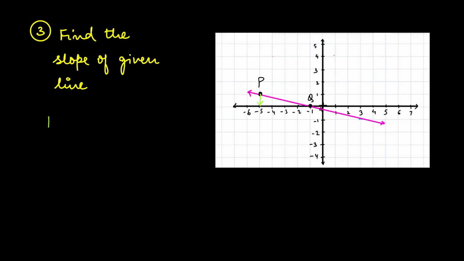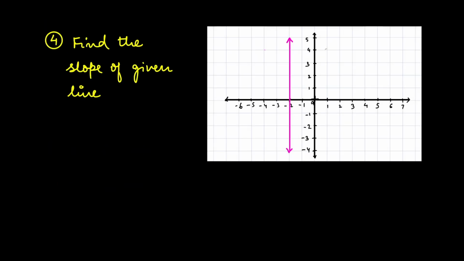So rise is 1 unit down, and that is why we take a minus sign. Then we take the run. From the graph we can see from this point to the point Q we cover 4 units and it's towards the right, so we take the positive sign. So the slope for this will be rise over run, which is -1 over 4.